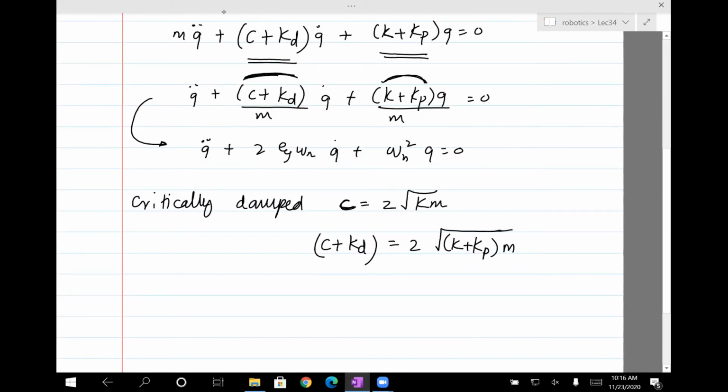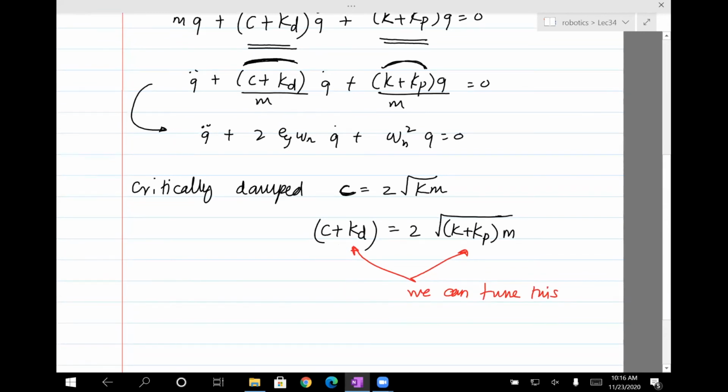And the good news is that we can change it the way we want because we have control over Kp and Kd. We can tune this. So if we tune this the right way, then we can get the system to be critically damped.